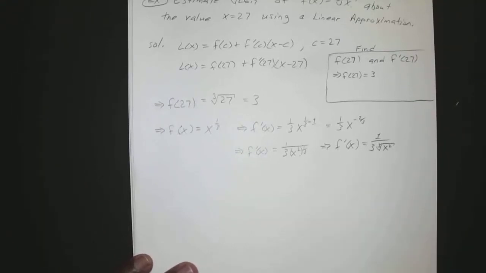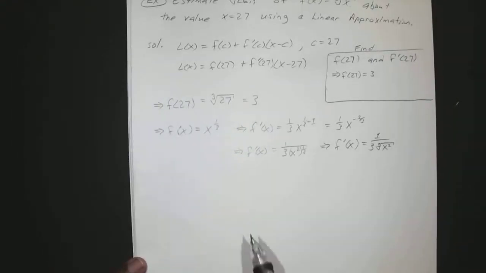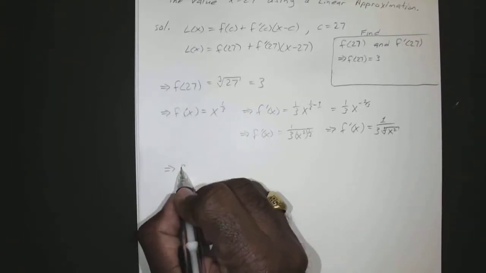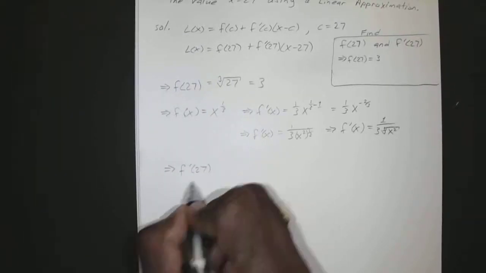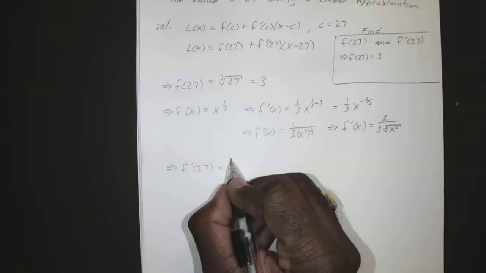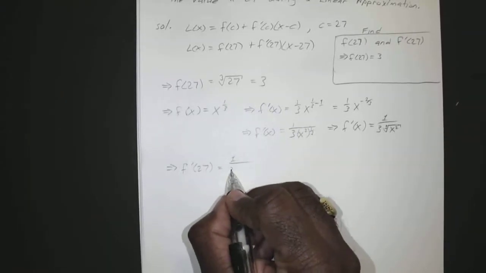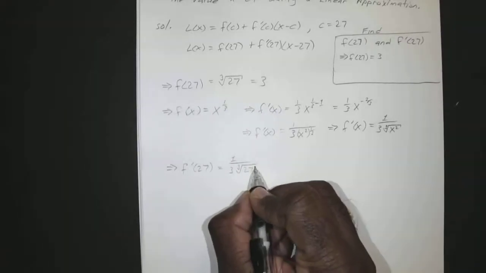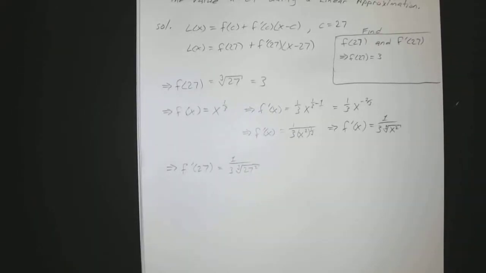Now we just have to find f prime of 27. That's equal to 1 over 3 times the cube root of 27 squared.